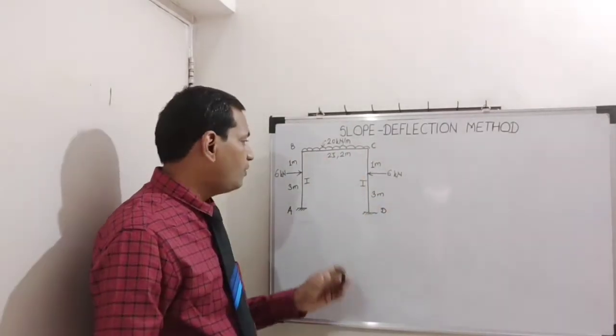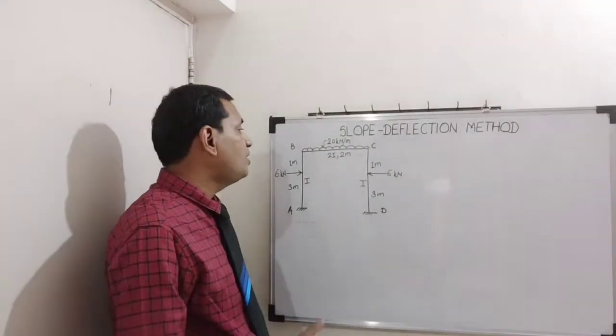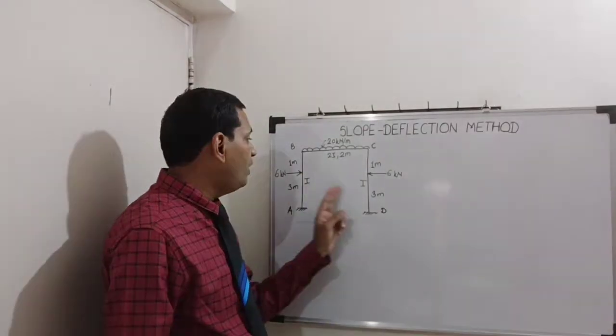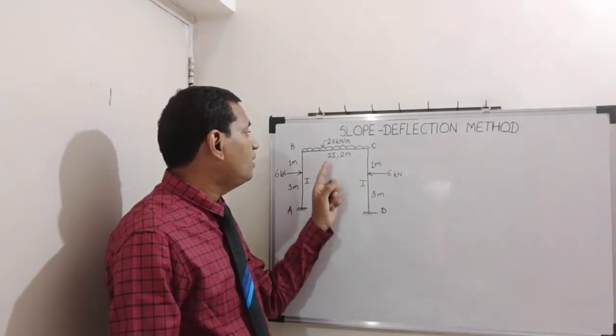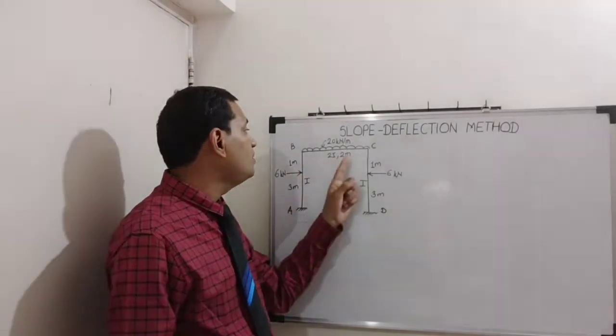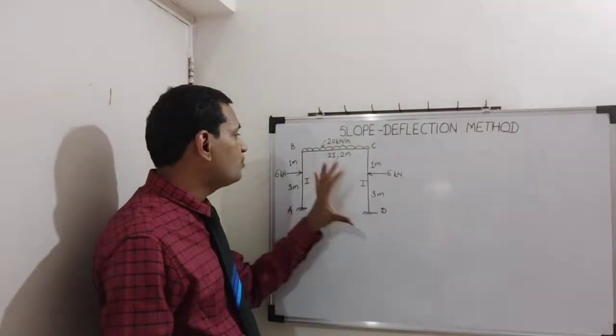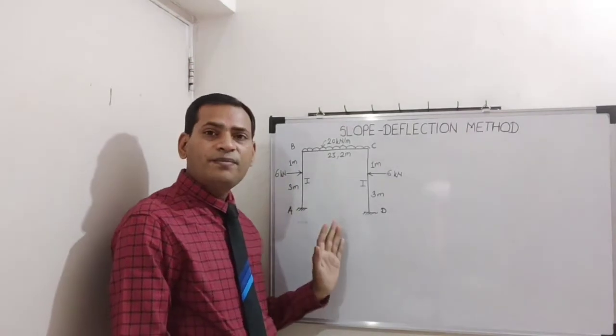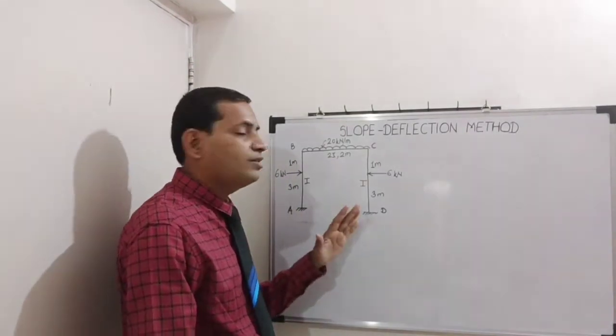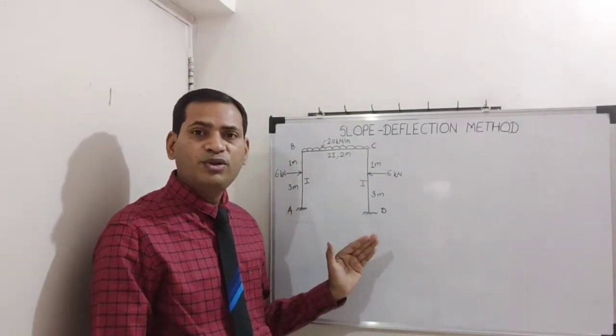The moment of inertia for both columns AB and CD is the same, 1I, and for the beam it is 2I. Span of beam BC is 2 meter, height of columns is 4 meter. So the sway of the frame is not possible in this case. So this is a non-sway type of portal frame.